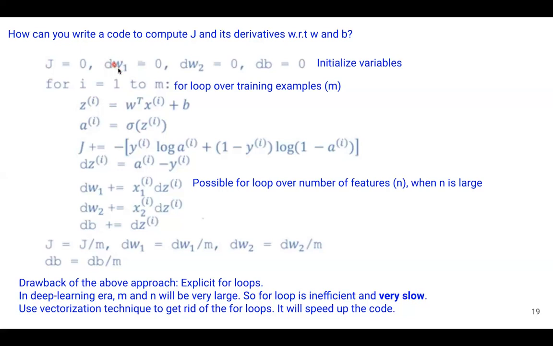This is just the name of the variable dw1. Similarly dw2 and db are all 0, and then you have the loop over training examples, which we would try to avoid. There is also a possible loop over the number of features. Here we have only 2, so we have written those 2 by hand. But if n is large, one might write a loop here, but this is also avoidable.